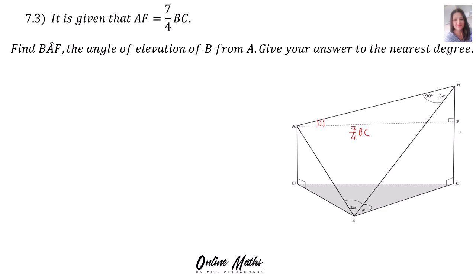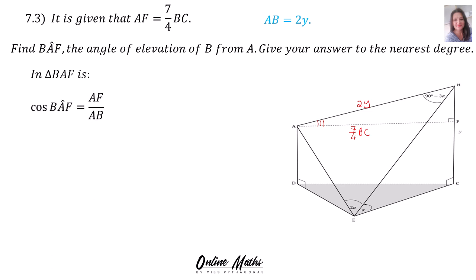Now, first of all, are you with me? From the previous sum, we said that AB is equal to 2y. And now we will work in triangle BAF. Triangle BAF is a right angle triangle.